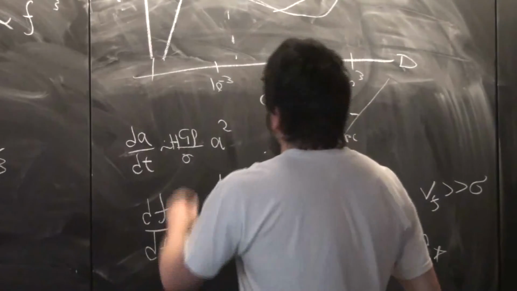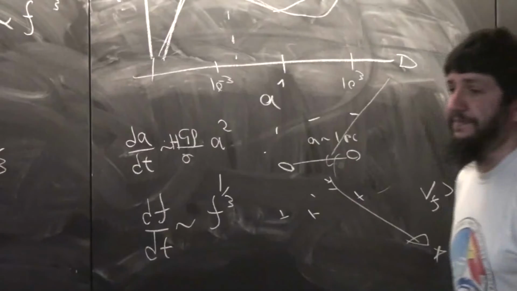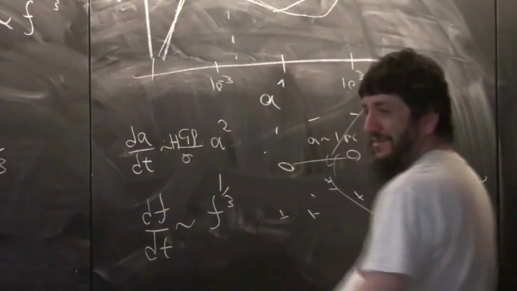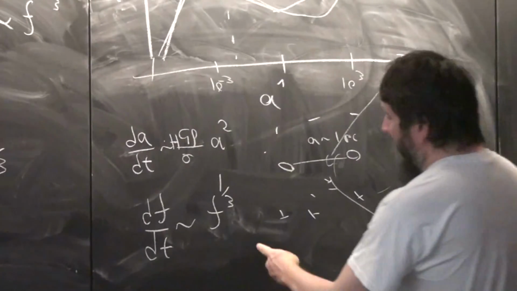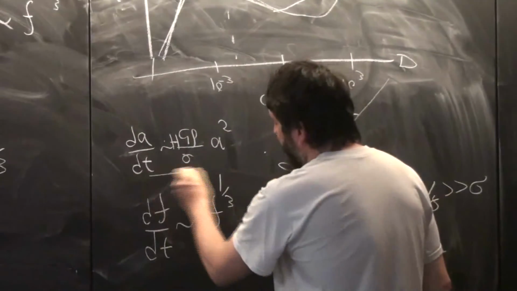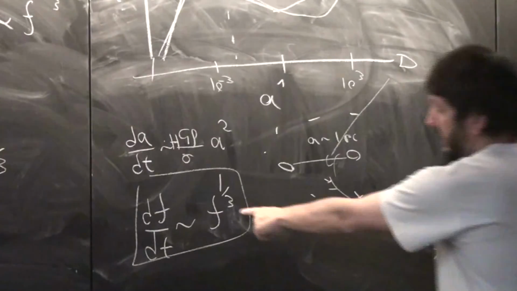So the thing is that these two mechanisms will cross at some frequency. Well, here it's some separation, but let's say at some frequency. At low frequency, binaries will be driven by the interaction with stars, and df/dt will be given by this scaling.